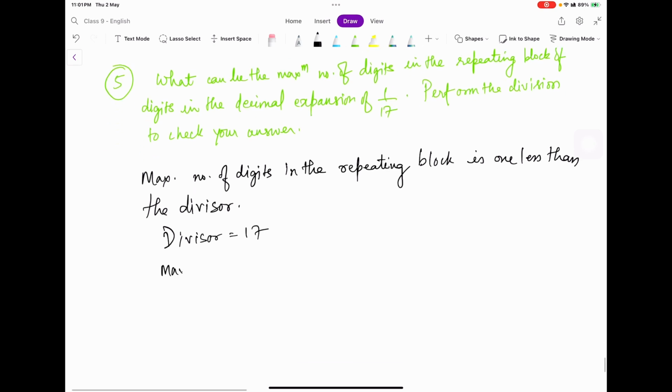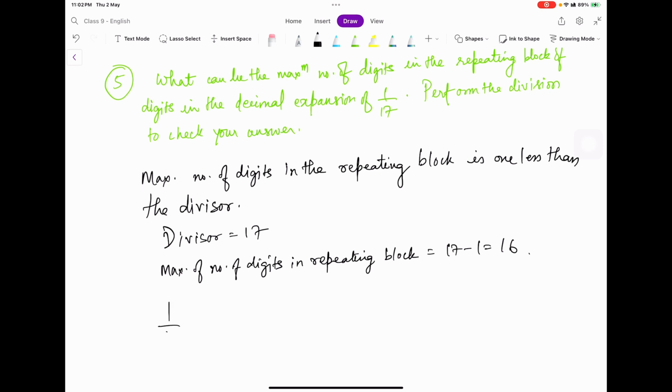I have already said this, you have seen the property in the first part, where we discussed how to find decimal expansions, in the inference part. You can go and check there. The number of digits in the repeating block equals 17 minus 1, that is 16.